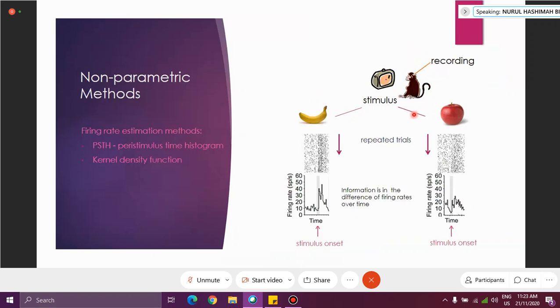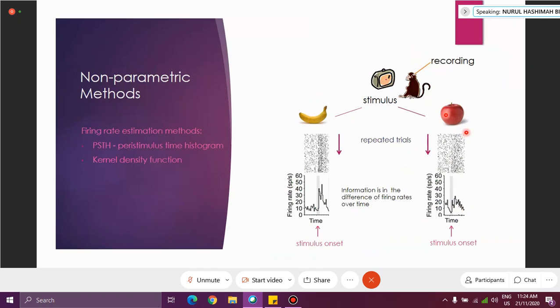So we put apple and banana. When the apple appears on the screen, we record the signals, and we can use non-parametric methods to produce this firing rate graph.